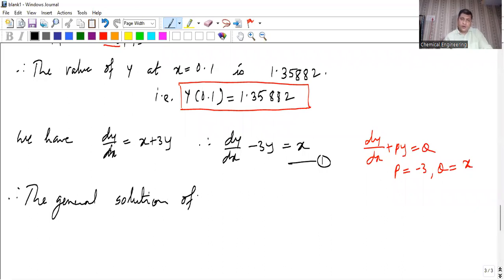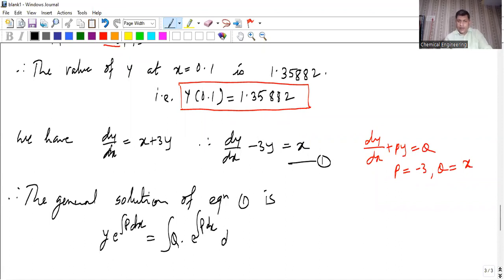The general solution of equation 1 is y e raised to integration p dx = integration q e raised to integration p dx + c, where c is the constant of integration.